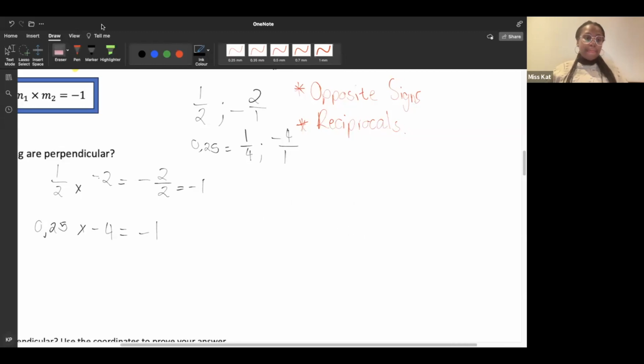I am going to give you a gradient and I want you to give me the gradient that is perpendicular using these two conditions. Gradient number 1 is -5. What will gradient number 2 be?